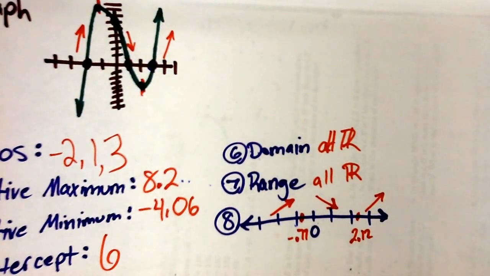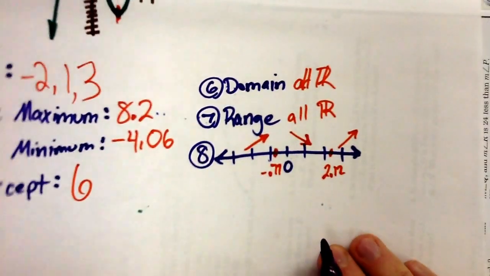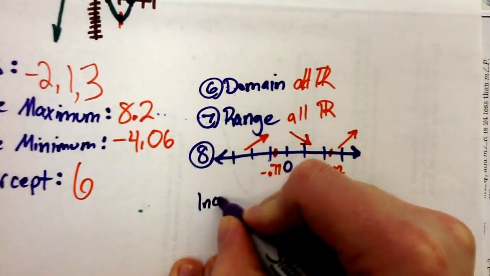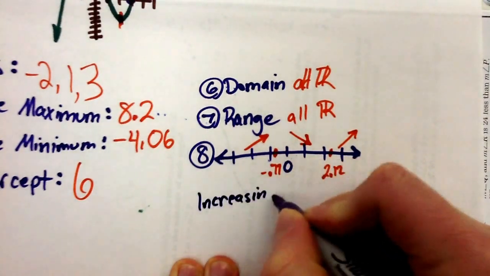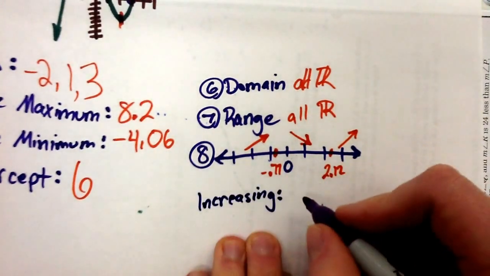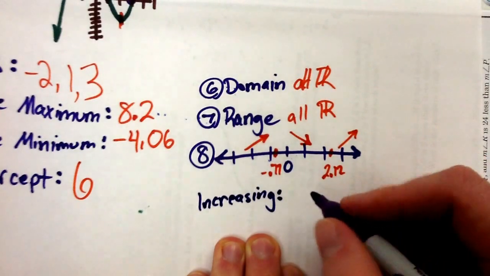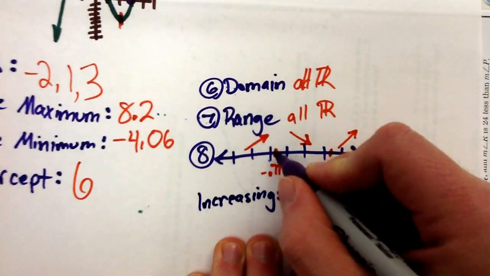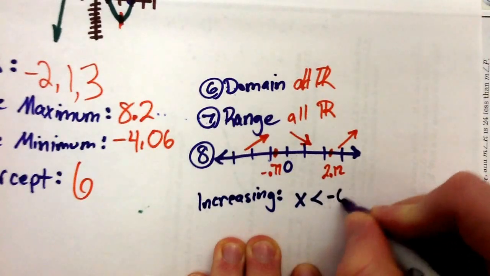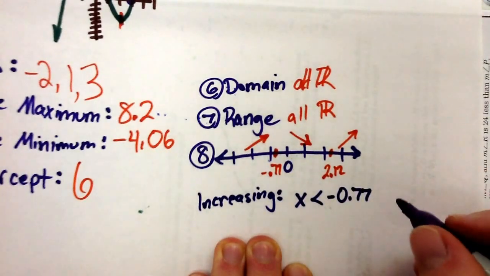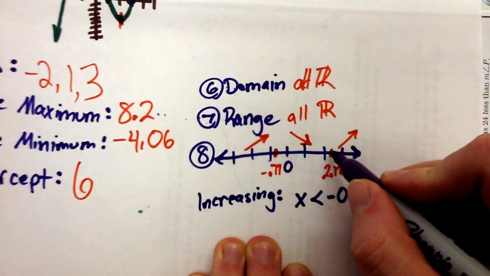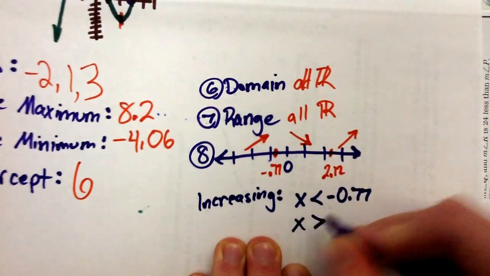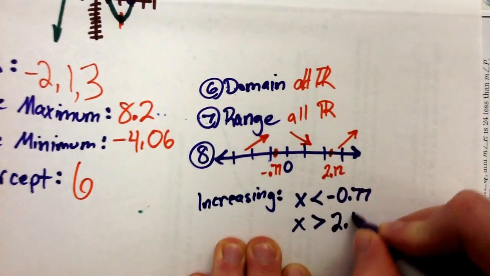Okay. All right, so the way you want to answer this, you want to say that it's increasing, and you have to give some terms of x, domain basically. Anywhere x is less than negative 0.77, and anywhere that x is greater than 2.12.